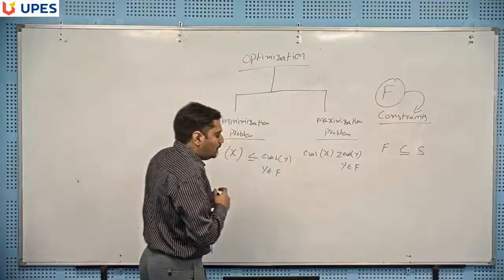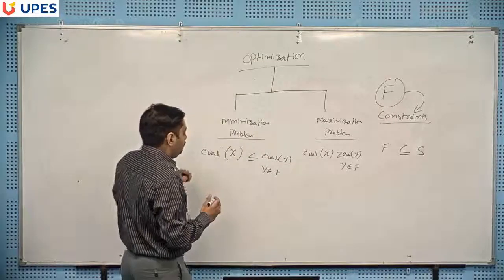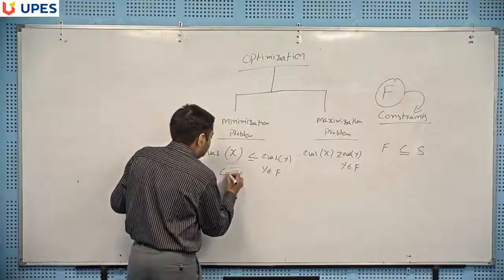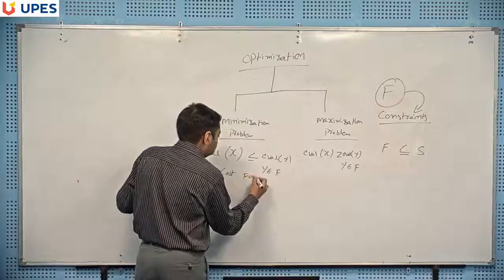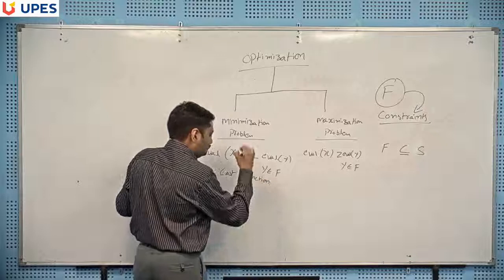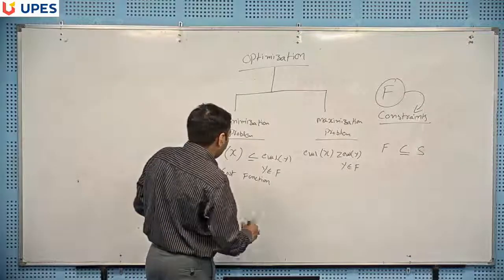The objective function in a minimization problem we call the cost function or energy function.